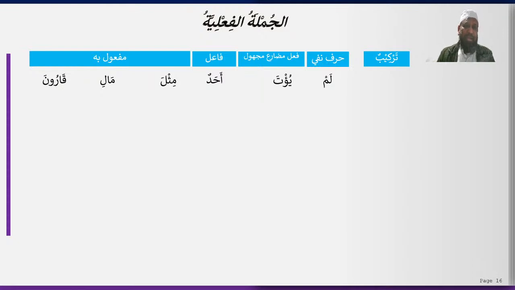Look, is مثل describing the فعل يؤتى, or is it given? So this was given, isn't it? Like the other one, مفعول به was given. So it is مفعول به. All right.